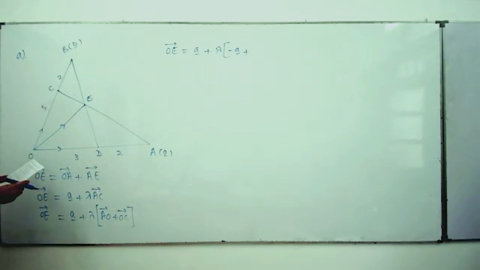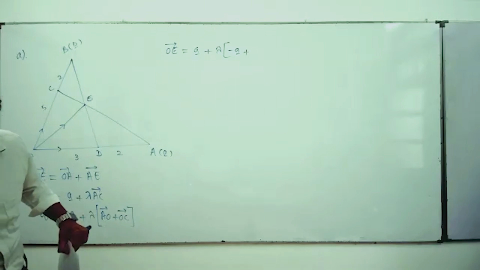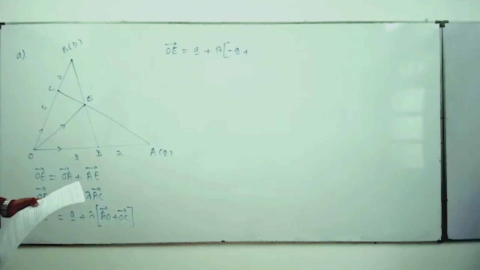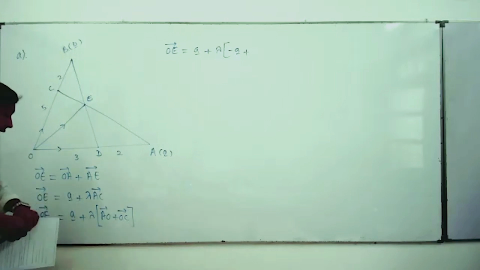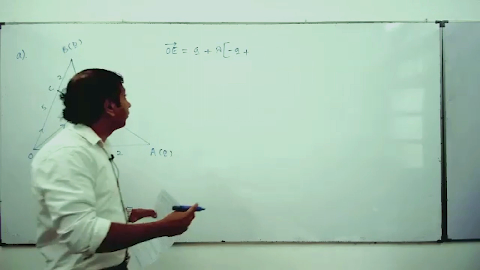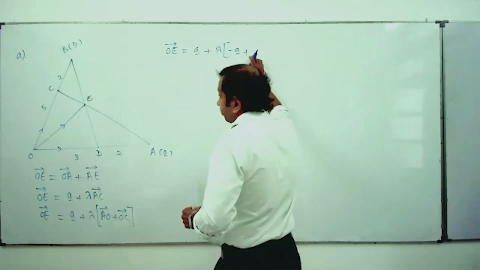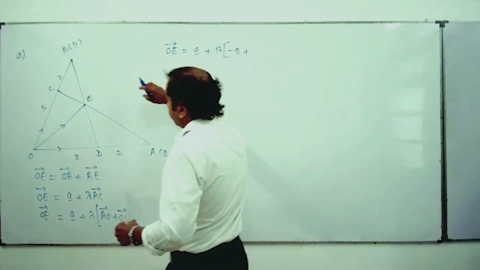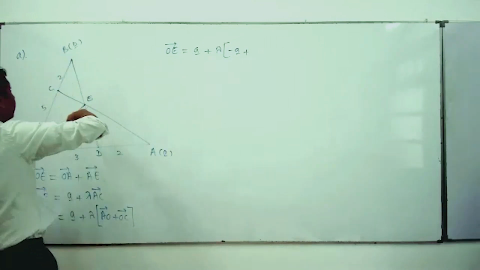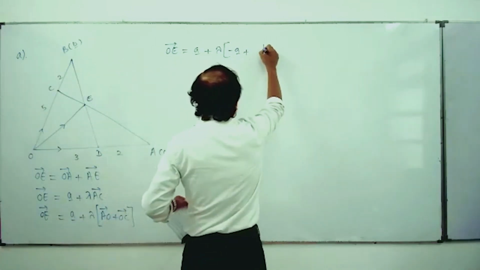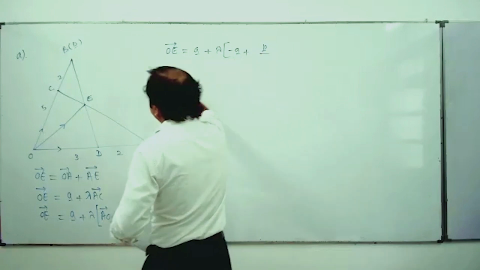okay, OC to CB is given as 5:2, no? The ratio. That OC vector you can write as a fraction of OB vector, it is vector B here.